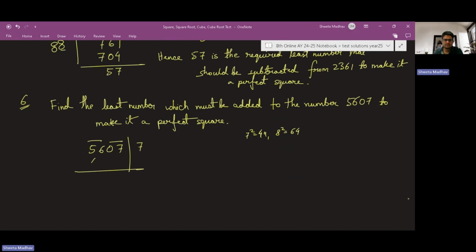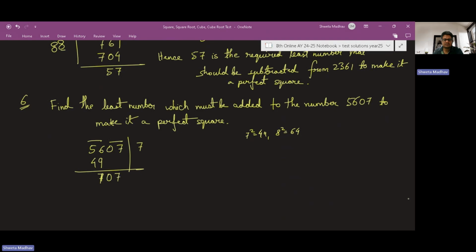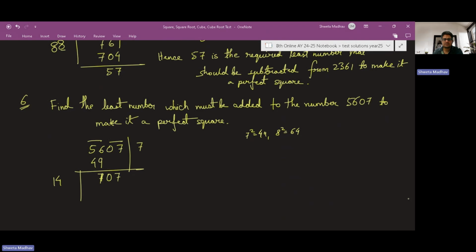7 sevens are 49, and then 707. 7 twos are 14, so 14. Here we should take a number such that the product is close to 707.